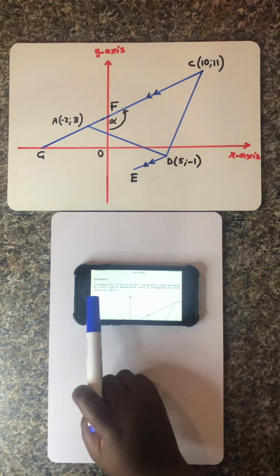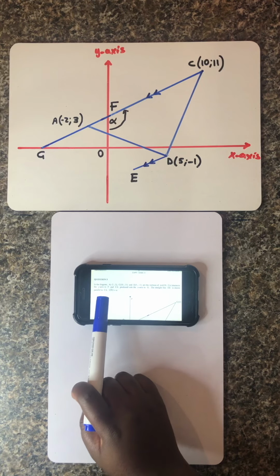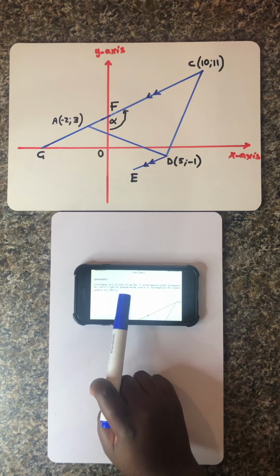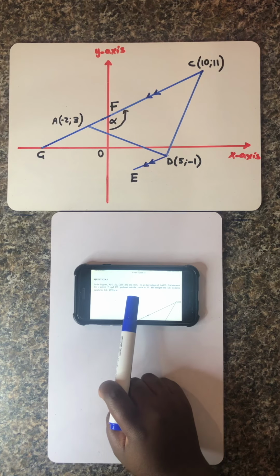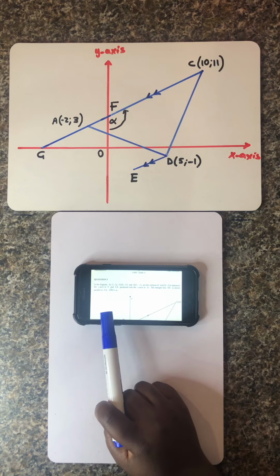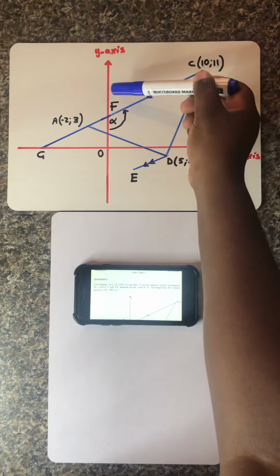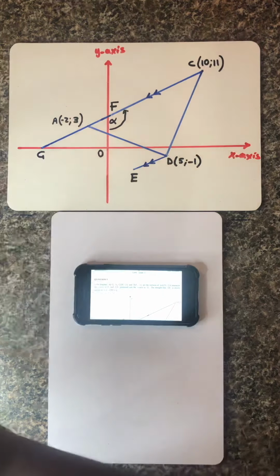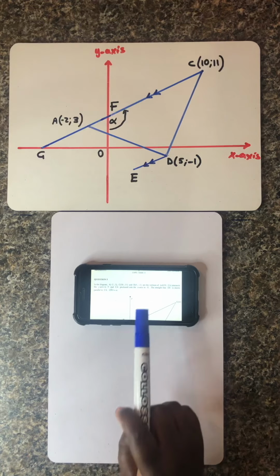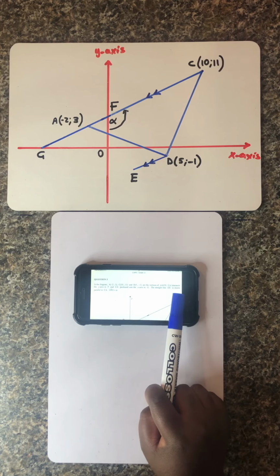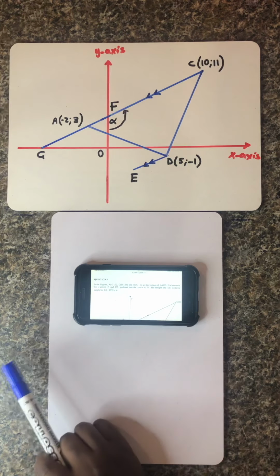CA intersects the y-axis in F, and CA produced cuts the x-axis in G. So here they're talking about that point F, and again that G. The straight line DE is drawn parallel to CA.